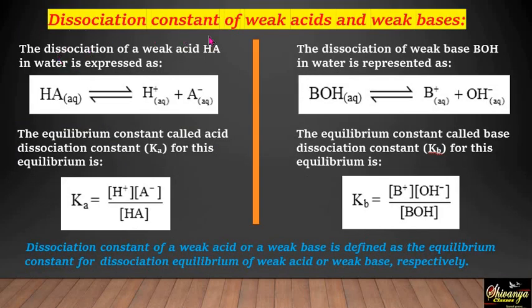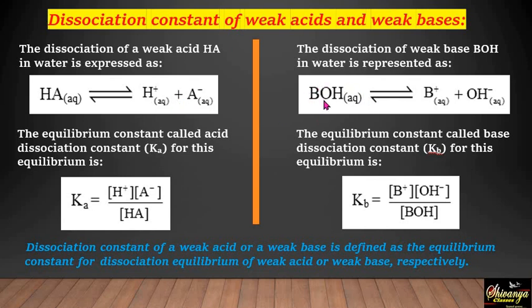Next point is dissociation constant of weak acids and weak bases. Dissociation constant is indicated by Ka for acids and Kb for bases. The dissociation of weak acid HA in water is expressed in this reaction, where HA is the undissociated molecule which is converted into ions, H plus and A minus.